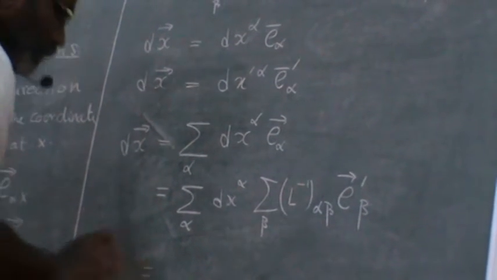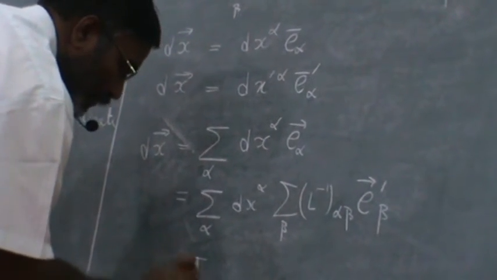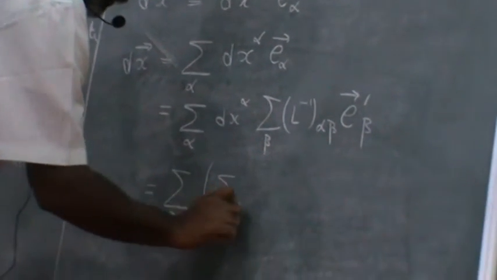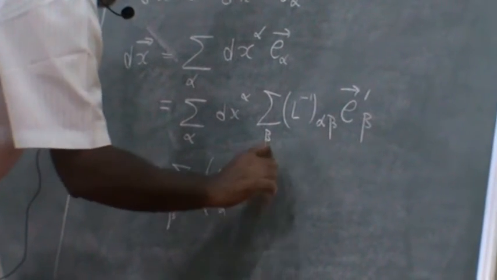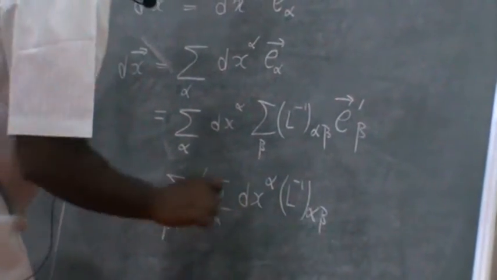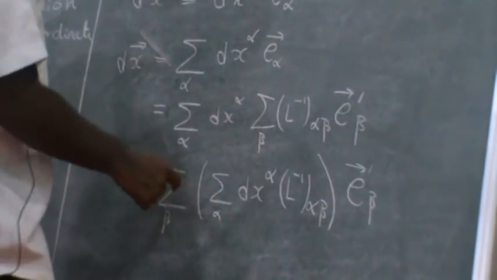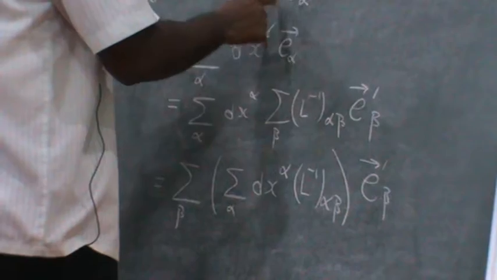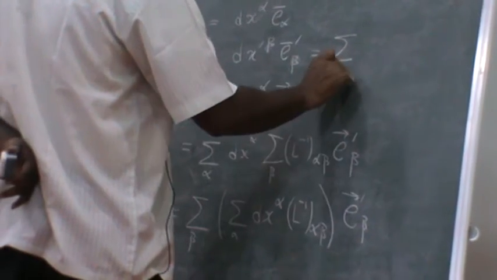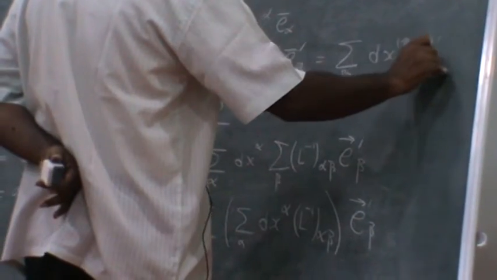So this is equal to, let me write the sum over beta outside, sum over alpha dx alpha into L inverse alpha beta into E prime beta. Now compare this equation with this equation. Beta is a dummy index anyway. This is nothing but sum over beta dx prime beta into E prime beta.